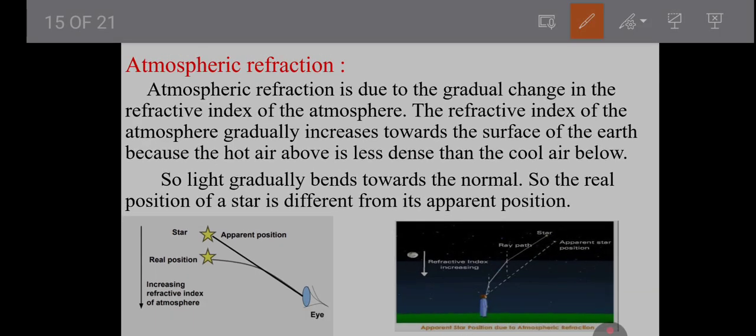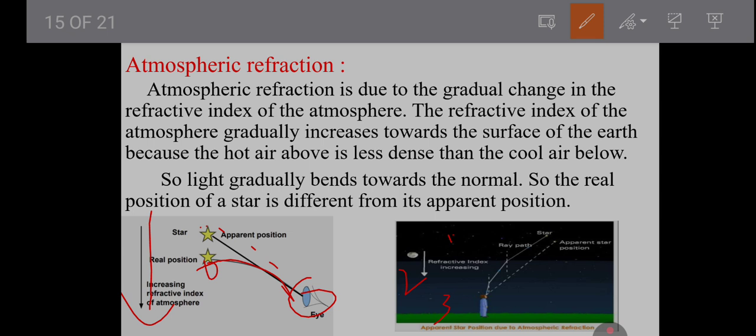Here, this is the observer's eye. From the upper atmosphere to earth level, the refractive index gradually increases. Actually, the star position is here. That is the real position of the star. While coming towards the earth, the ray of light bends. Then if you extend the bending, the star appears here. That is called the apparent position. If you see this diagram, the atmosphere has different levels: the first level, the second level, and the third level.